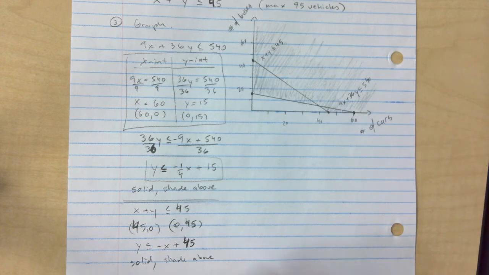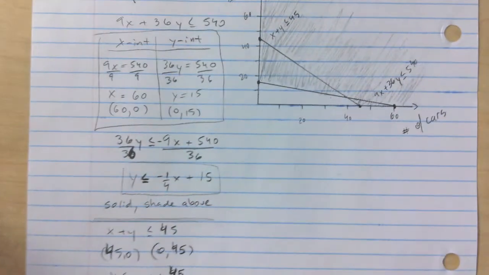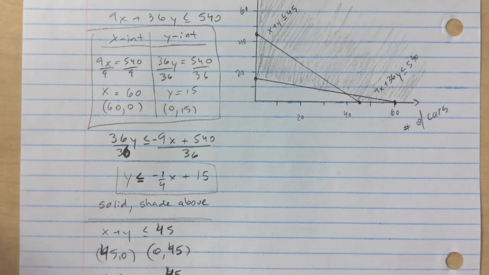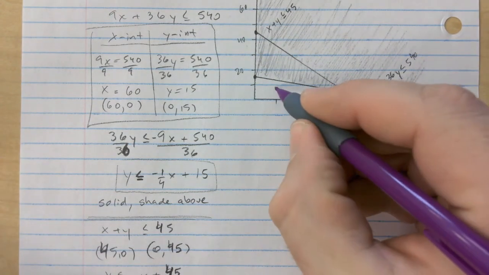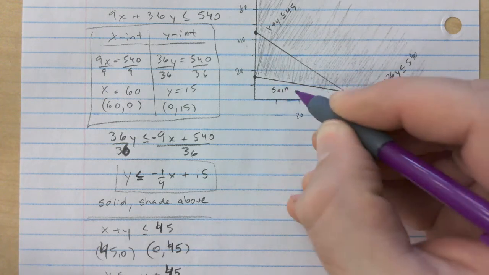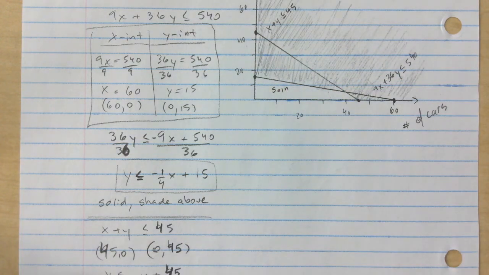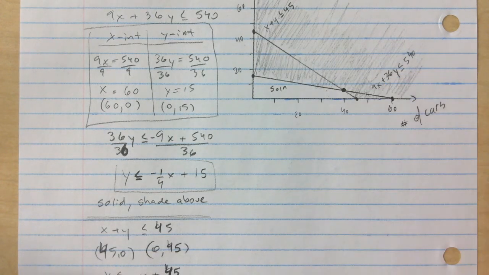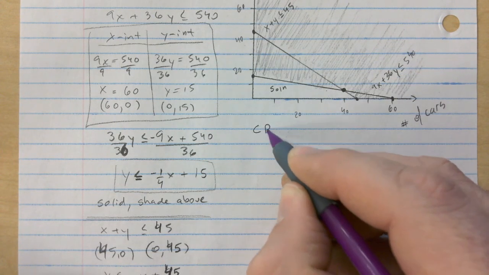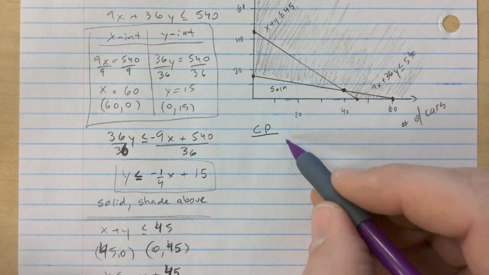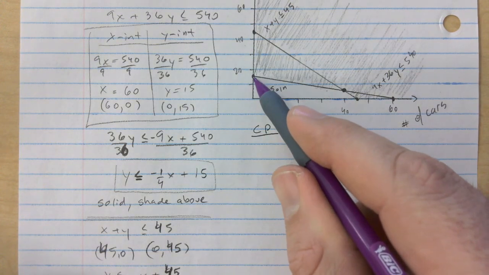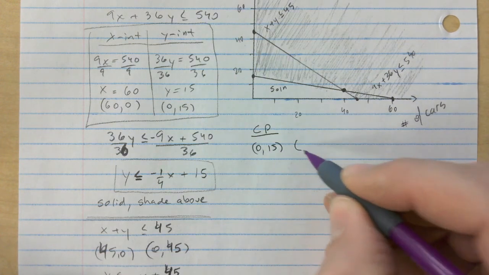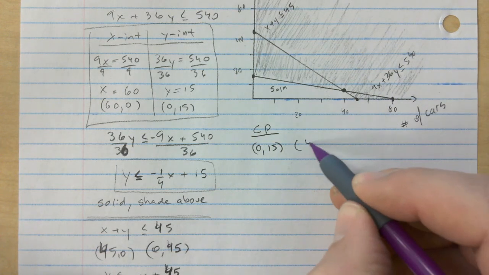Okay. I'm going to zoom in again. And then your label solution region. For the sake of time, you're just going to copy down the corner points as I'm telling you, right? So corner points, we're going to go 0, 15, and we're going to go 45, 0.